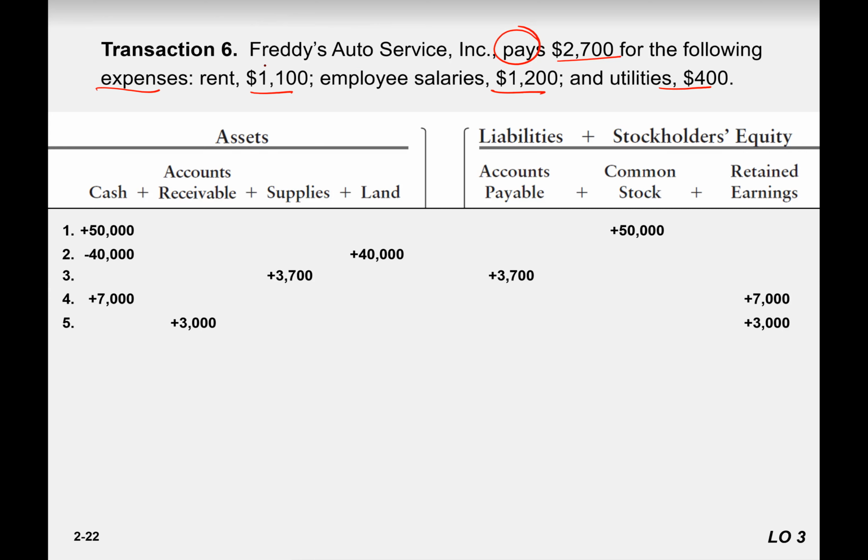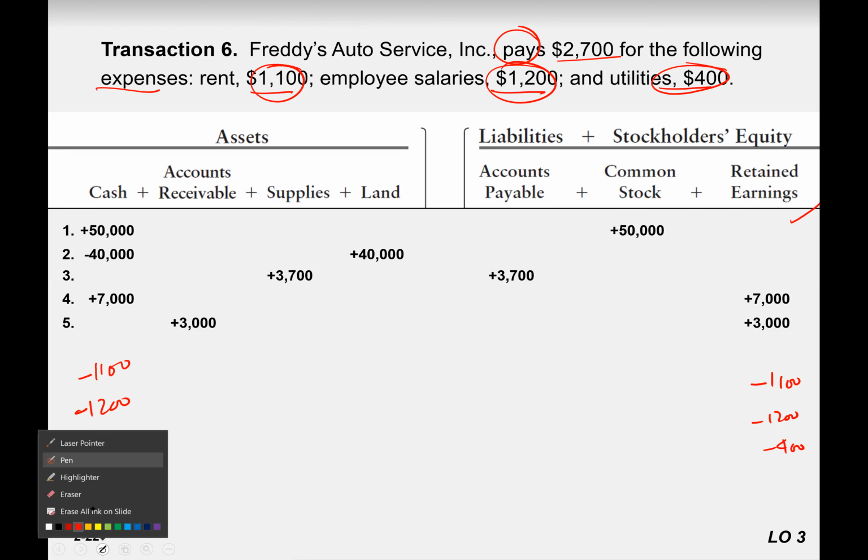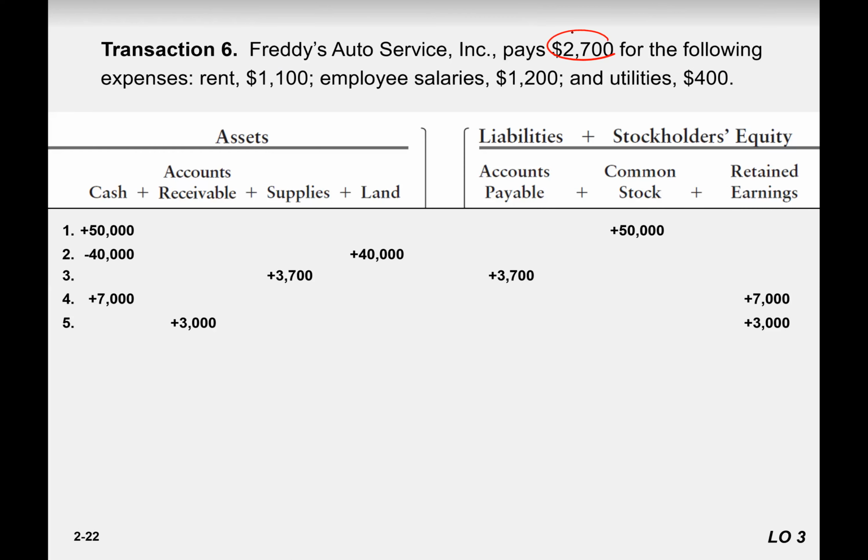So if you do individual, that would be 1,100 less from cash and 1,100 less from retained earning as rent expenses. Similarly, 1,200 less from cash and 1,200 less from retained earning as salaries expenses. Utilities minus 400, minus 400. That is individual postings. And if you do collective posting, then it is total 2,700.